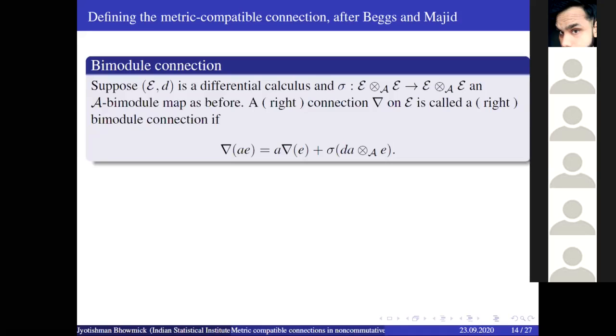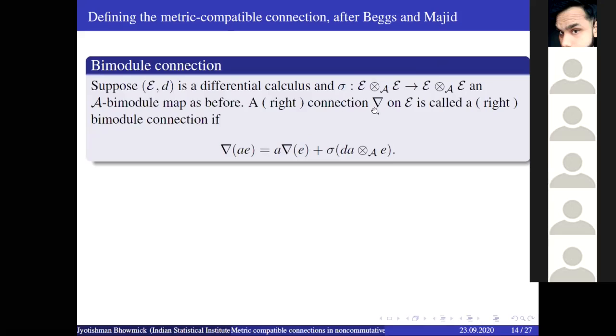Okay. So we will need this definition. So I have a differential calculus, and suppose I fix such a bilinear map sigma. So as you will recall, I will need this map for defining a metric, and of course the choice is not unique.